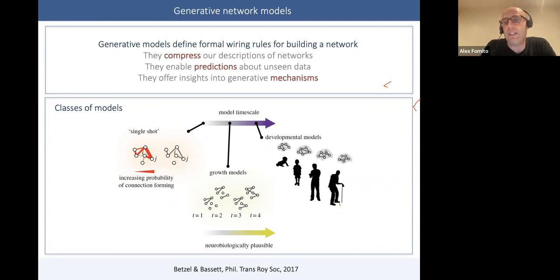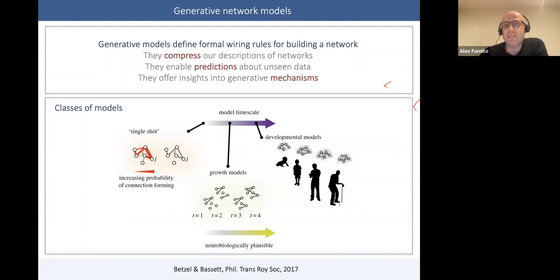If we knew the values of these key parameters, we could then make inferences about what the topology of the network would look like. And in the best of scenarios, they offer insights into the generative mechanisms. If the model is actually telling us something about the real world, it can be informative as to the processes that actually led to the brain being the way it is.